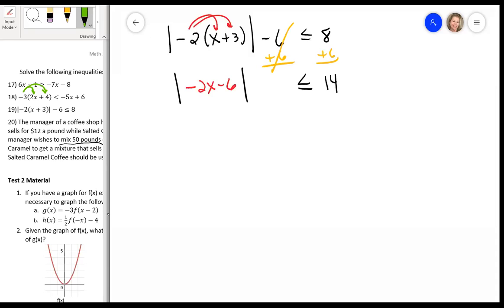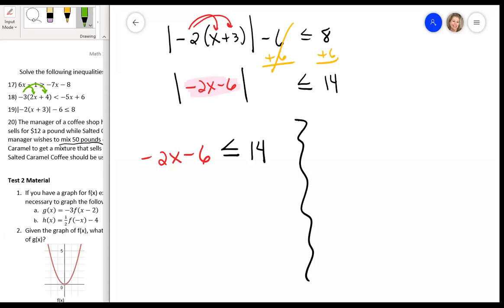Now, this is where you have to split it into 2 because it's an absolute value. All of this stuff in the absolute value could have been positive or negative before you took the absolute value. So you're going to take the -2x minus 6, and you're first going to put it less than or equal to the 14.